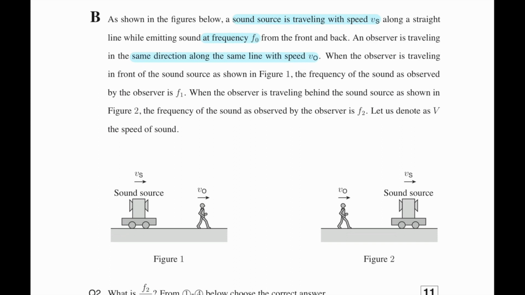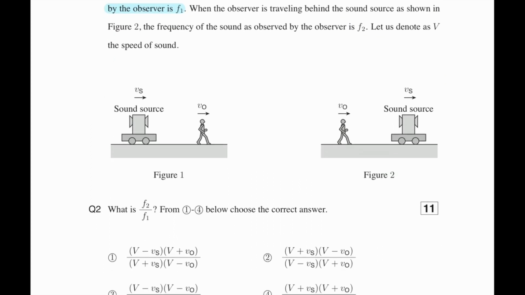When the observer is in front of the sound source, the frequency of the sound observed by the observer is F1. As you can see here, in figure 1, the frequency that is observed by the observer is F1. So I will write down here that the frequency observed by this person is F1.